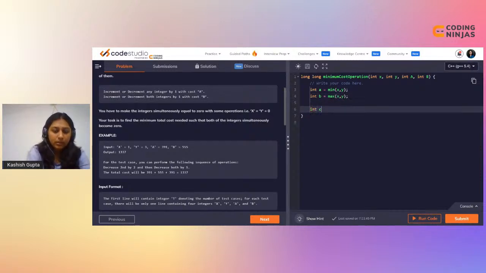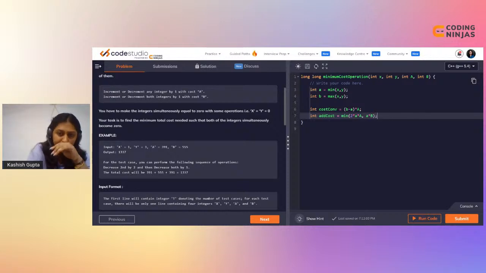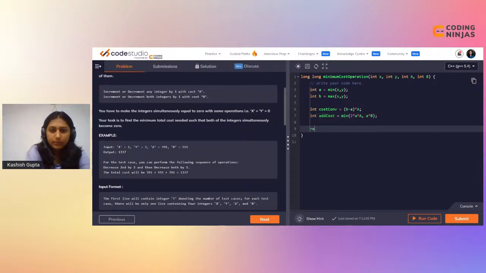So our cost of conversion was B minus A into capital A, and the additional cost when both of them are equal was the minimum of 1 comma 2. So 1 comma 2 was 2 into A comma A into B.